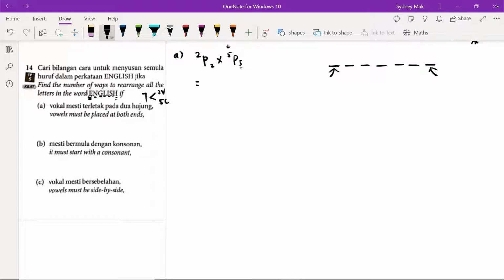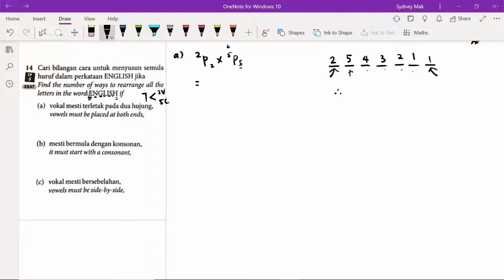We have 2 vowels, so for the first end, we have 2 choices. For the last empty slot, we're left with only 1 choice. The remaining empty slots in between are for any consonant. For the first empty slot here, we have 5 choices of consonant, followed by 4, 3, 2, 1.